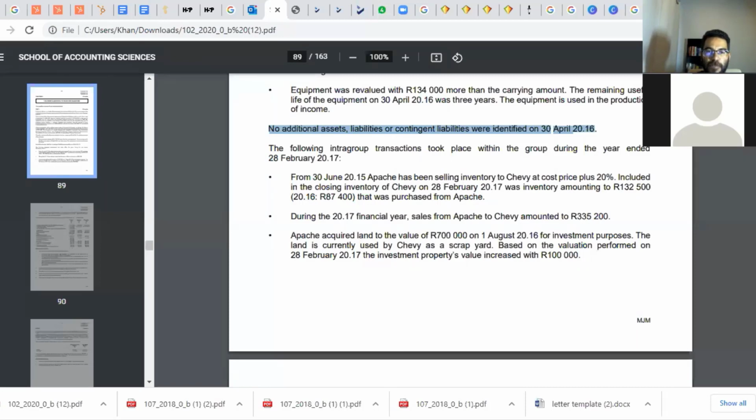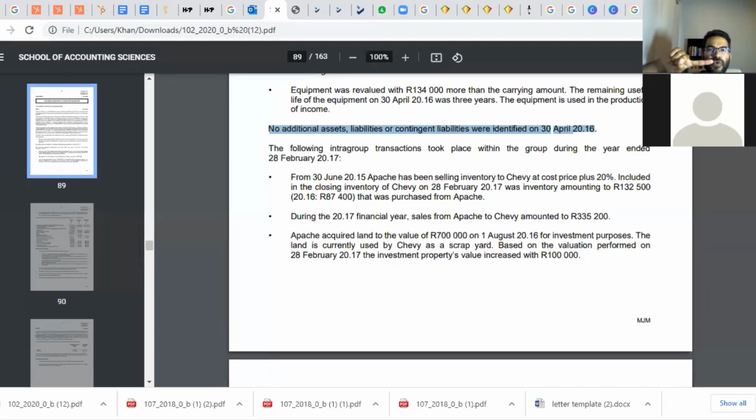Okay, so that's the first journal entry of the intercompany inventory transaction. The second and the third journal entry relate to eliminating the unrealized profit sitting in inventory. So the inventory intercompany journal entry has 3 parts. Number 1, eliminating the intercompany sale, and that is bullet point number 2. Debit revenue, debit sales, credit cost of sales, 335,200.